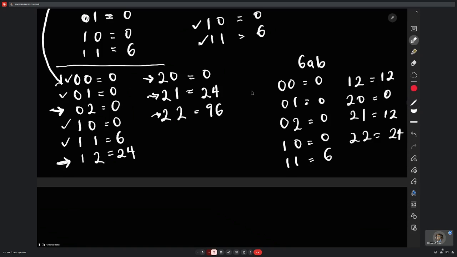So we can see that at 2 2 here is 96, here is 24. At 2 1 this is 24, this is 12. At 1 2 this is 24, this is 12. So this is enough information for us to know that they are not the same polynomials, right?